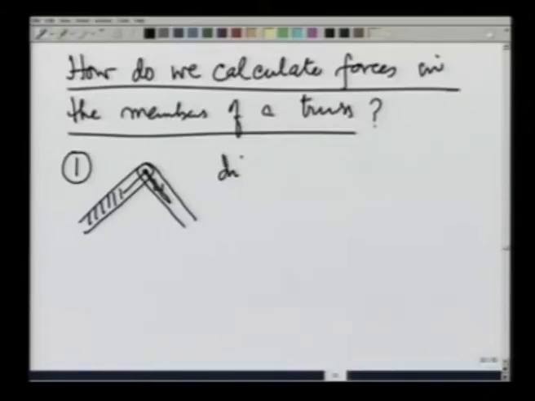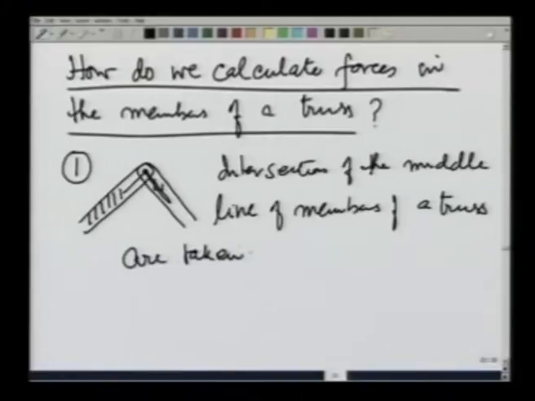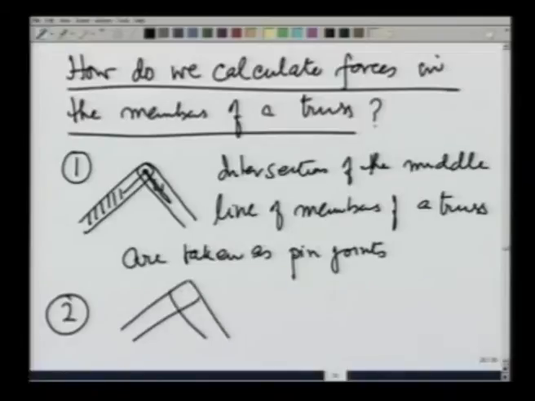So, the intersection of the middle lines of members of a truss are taken as pin joints, and as a corollary, any plate or bolting that can be done here, we ignore the torques arising because of that.